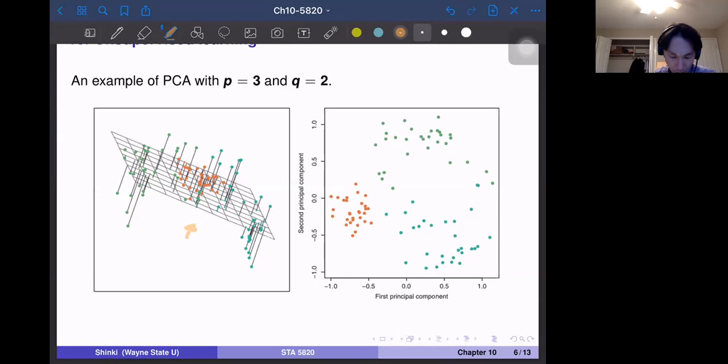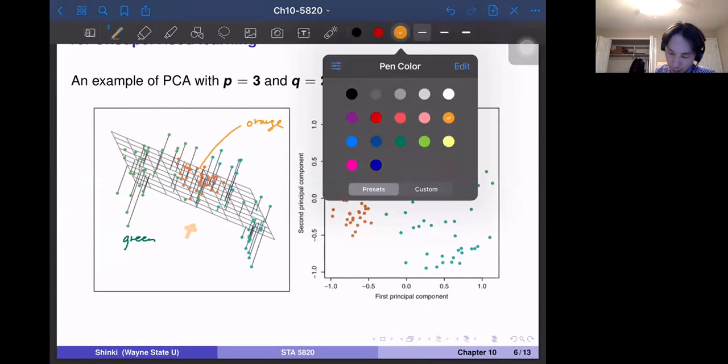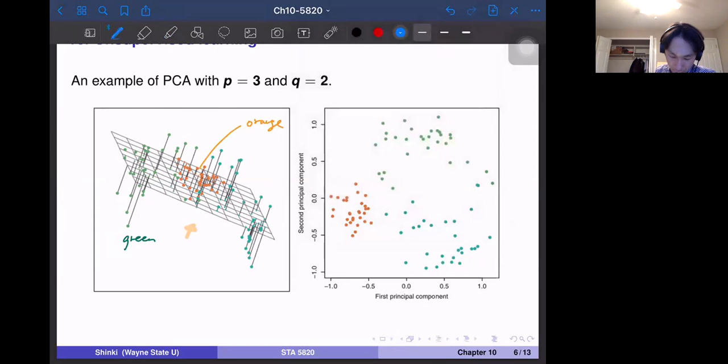Each observation has a label. So this is green, and this is orange, and this is, I think, blue. I don't know, but okay, so blue.